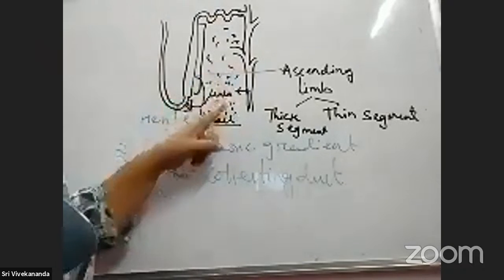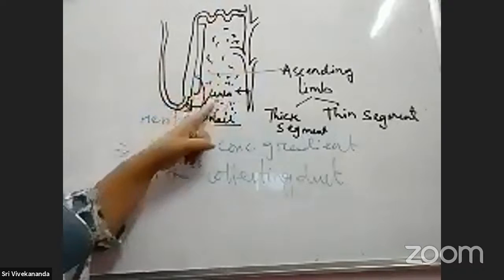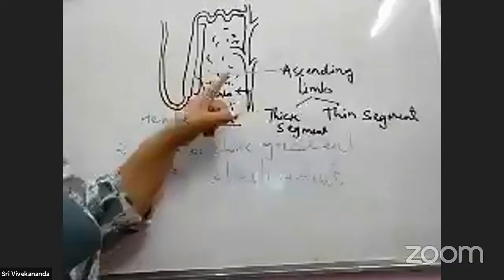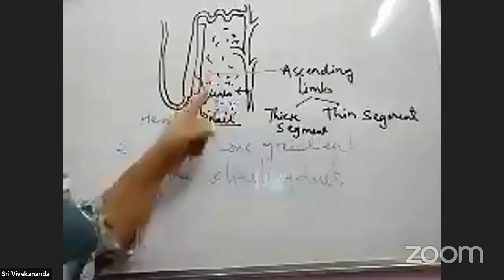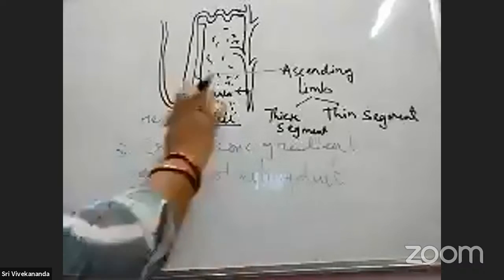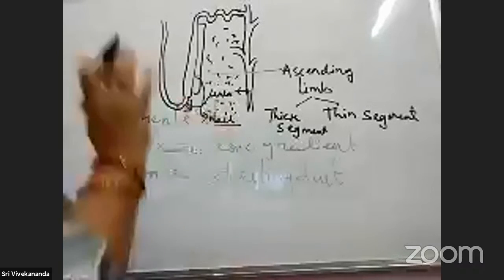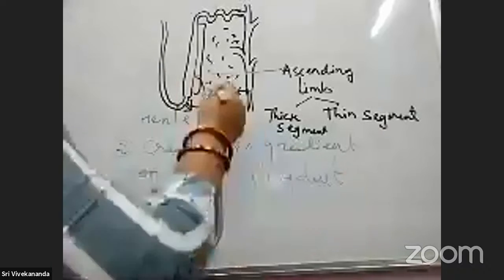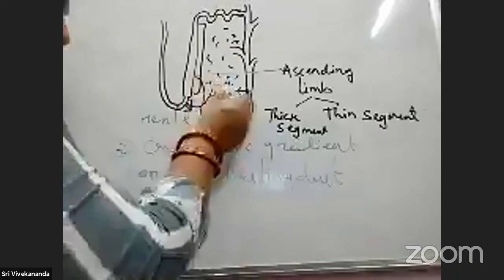That means it helps for making the hypertonic condition of the external part, that is the interstitial tissue. So who are helping in creating the hypertonic condition? Urea and sodium chloride.